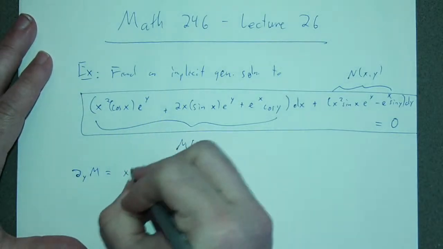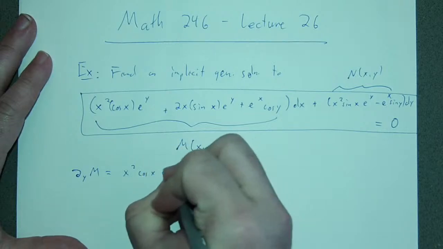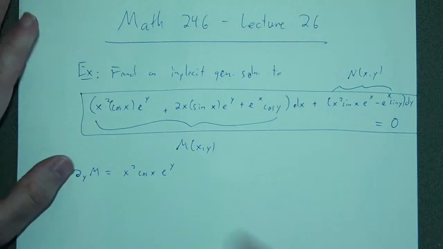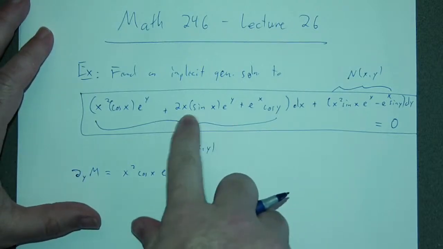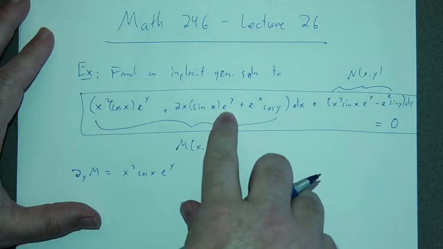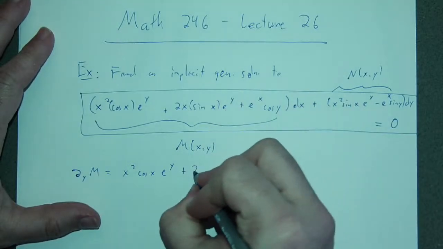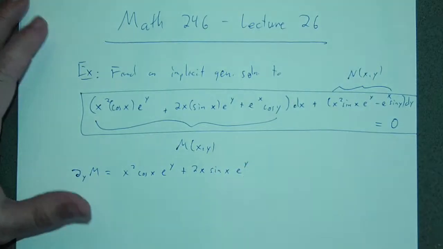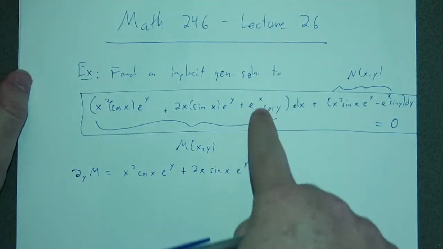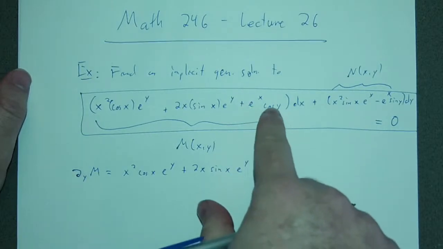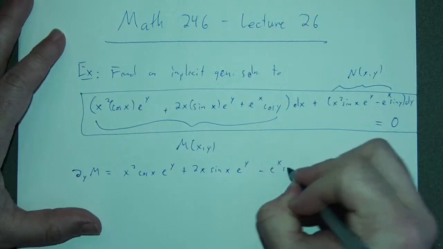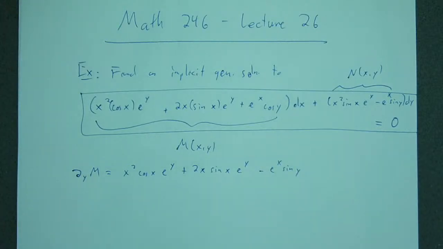This is just x squared cosine x e to the y, plus 2x sine x e to the y. Then the only thing having its derivative taken in the last term is cosine y, and the derivative of cosine y is minus sine y, so this is minus e to the x sine y. That's the y partial of M.